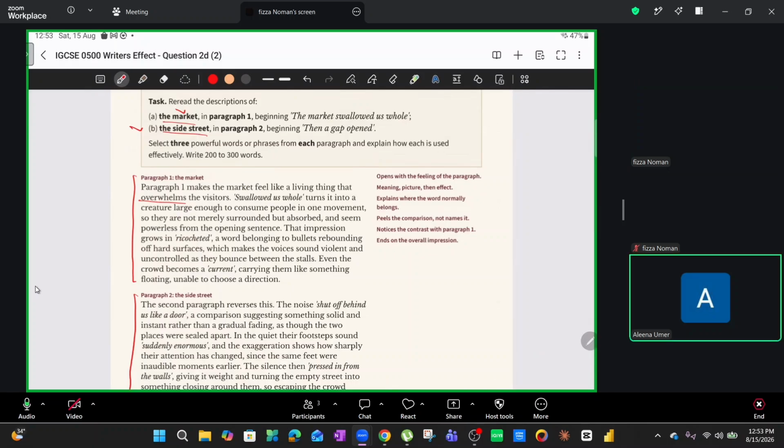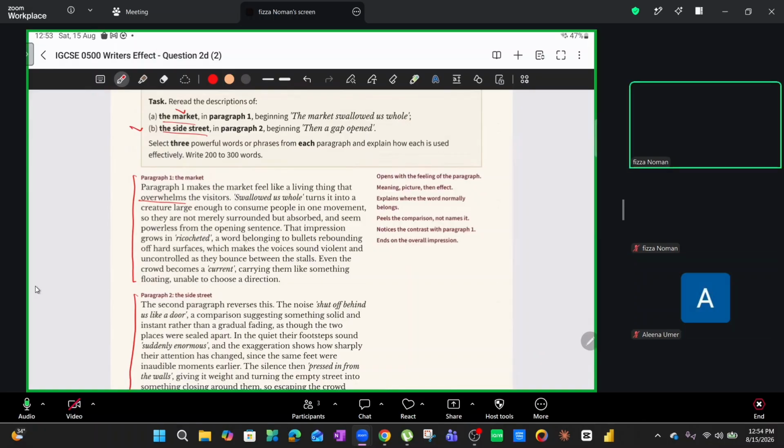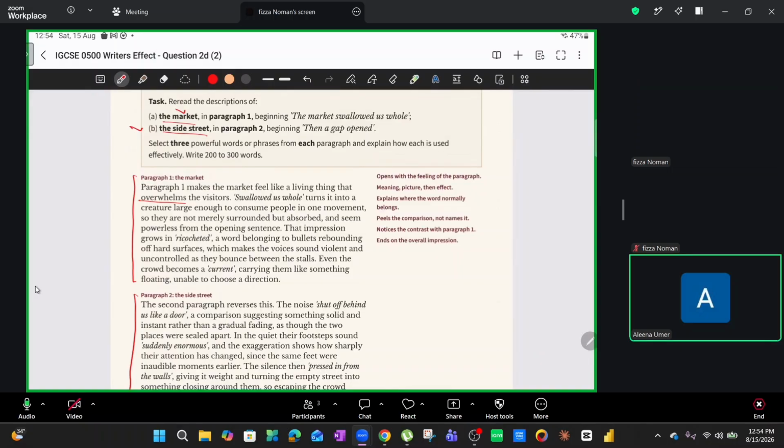Yes. Then the impression grows in ricochet, a word belonging to bullets rebounding off hard surfaces. This is what it means. When you fire a bullet at a hard surface, for example iron maybe, it might ricochet off it. It comes back. Make sense? Yes. So this is a word belonging to bullets.